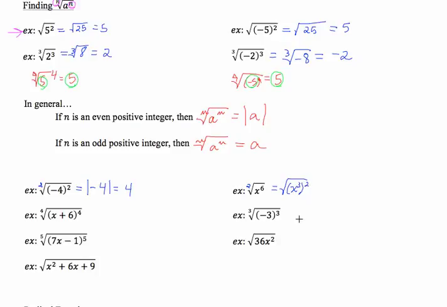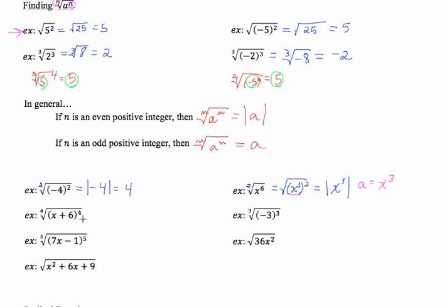Now this a corresponds to x cubed, because that's the thing that's being squared and taken the square root of. Now that index 2 is even, therefore it's the absolute value of what's on the inside. So we would actually have the absolute value of x cubed. That's the technically correct answer here.